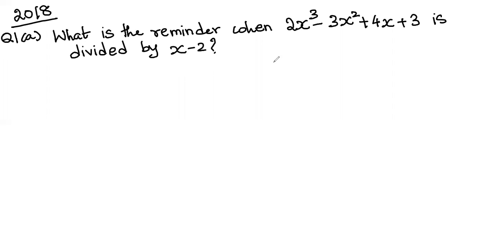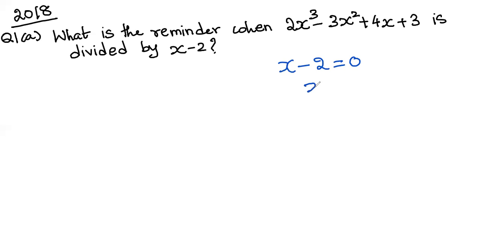So let's see. What is given is a cubic expression which has to be divided by x minus 2. For that, what we have to do is consider x minus 2 equal to 0, because if it is divided with no remainder, the remainder is 0.